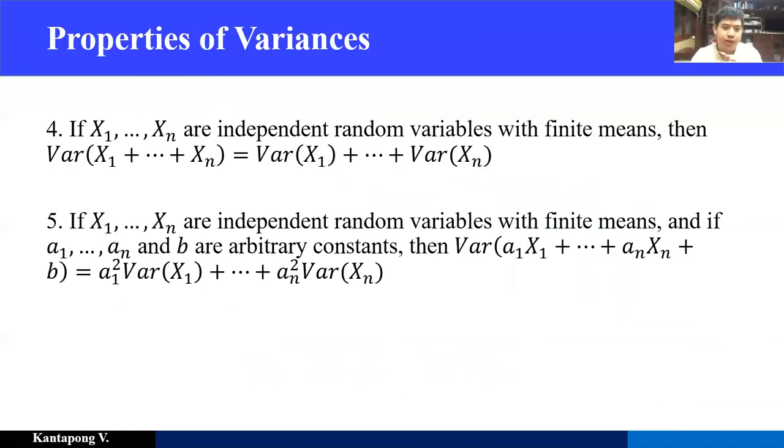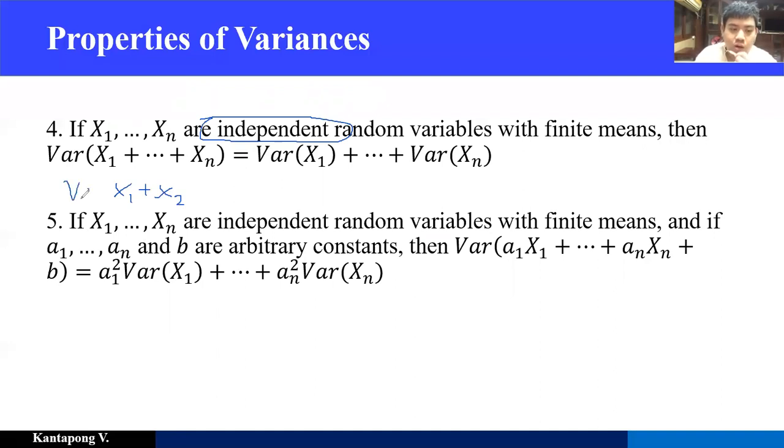Next property. If X1 and X2 are independent, then the variance of the sum is the sum of the variances. The reason is simple. Let's consider X1 plus X2.